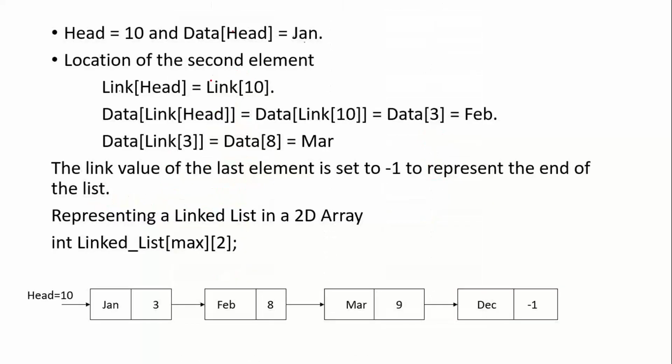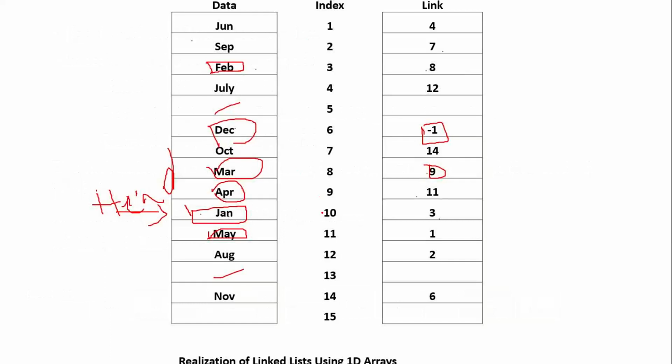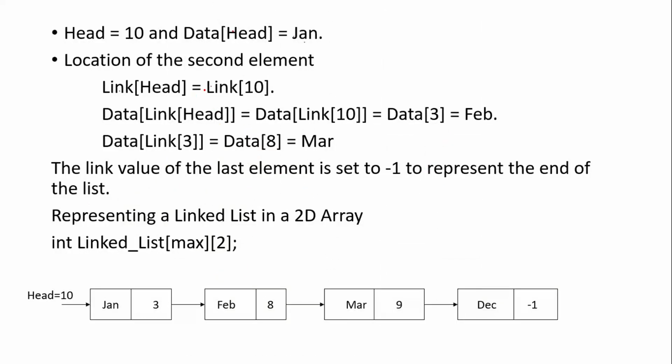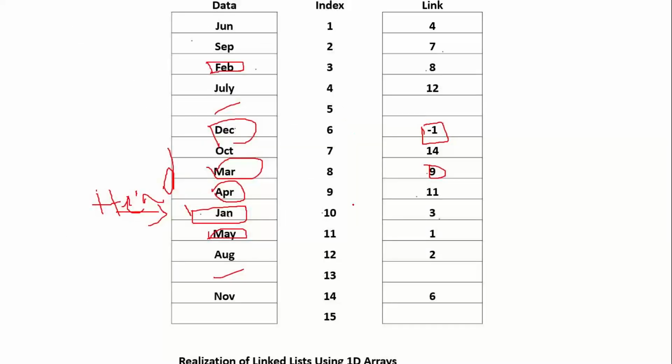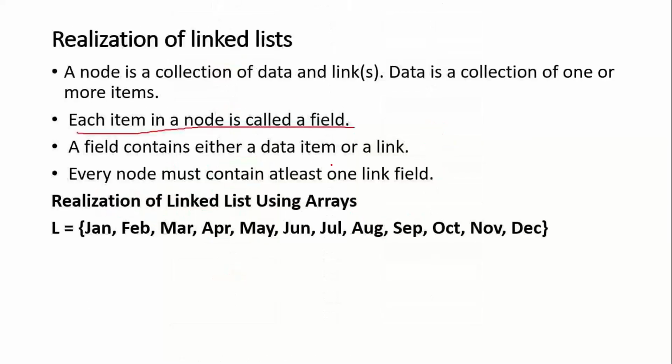It is 3. Head, what is the index position? It is 10. So I have written it as link of 10. If you want to read the data at link of head, you have to represent it as data at link 10. So what is there at link 10? 3.